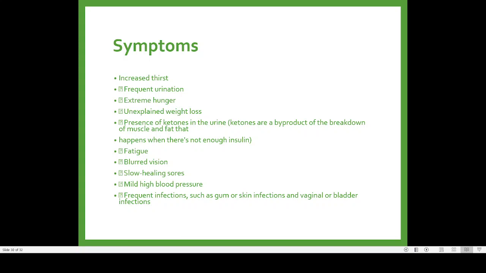During this process of converting fat into glucose, certain byproducts like acetone, acetoacetic acid, etc., will be produced, and they are together known as ketones or ketone bodies, and they will be present in your urine.